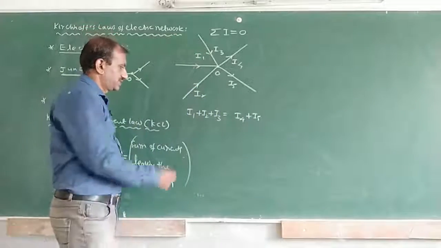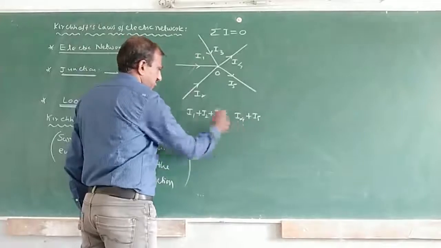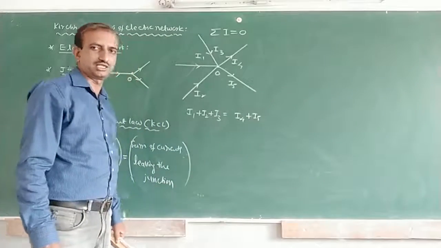Therefore, the sum of currents entering the junction is equal to the sum of currents leaving the junction.